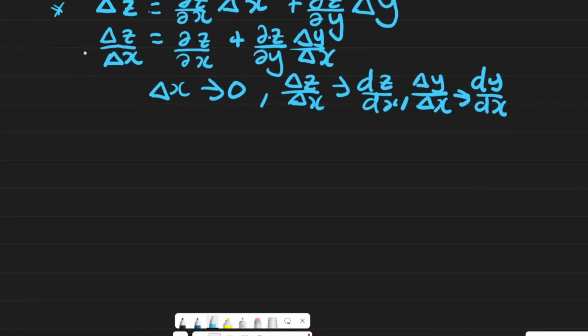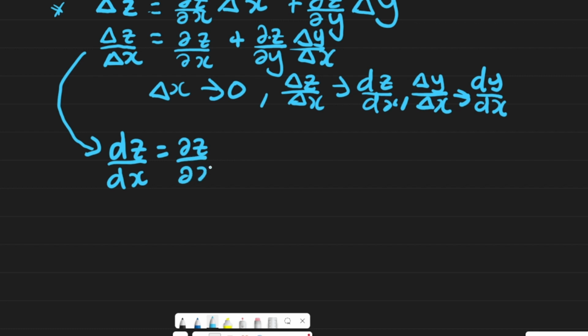So if I write this formula now in terms of the derivatives, I get dz dx is equal to dz dx plus dz dy times dy dx.